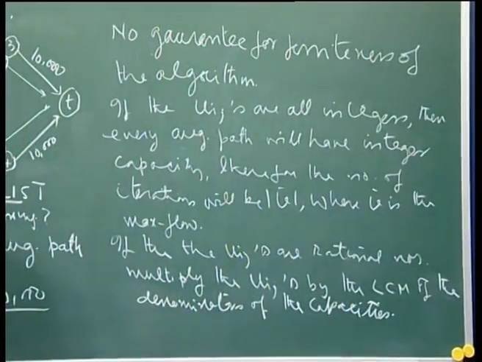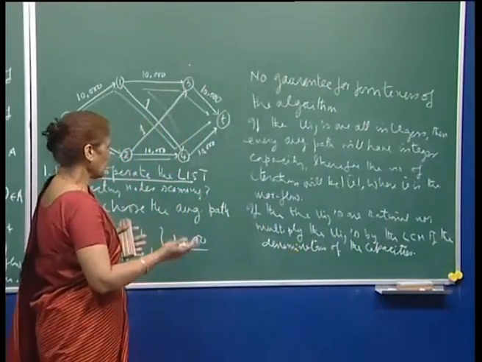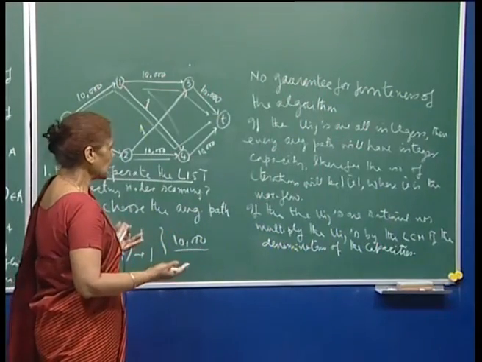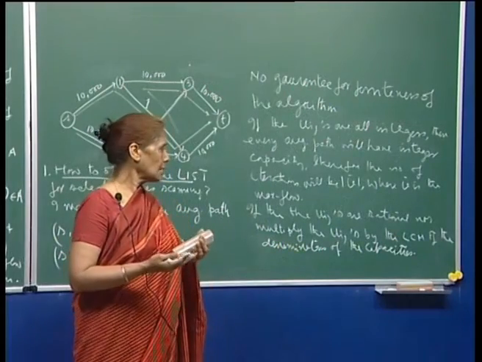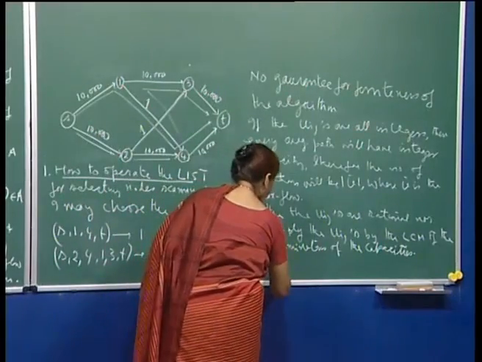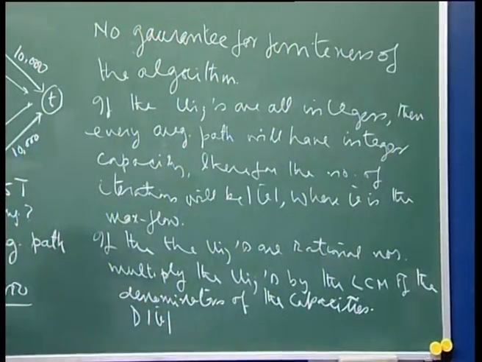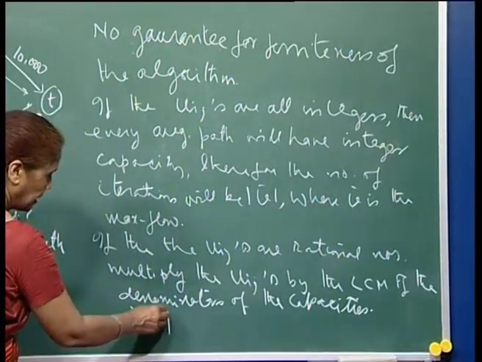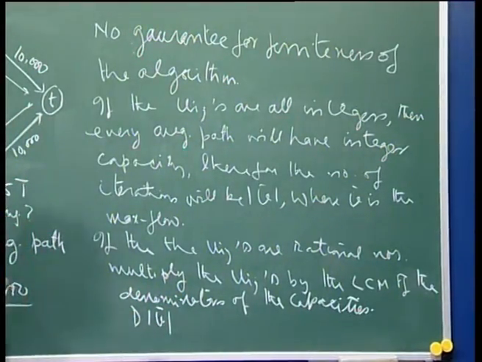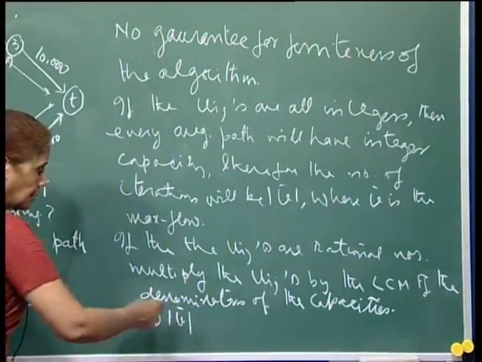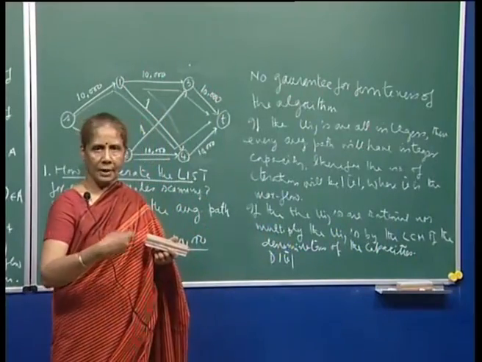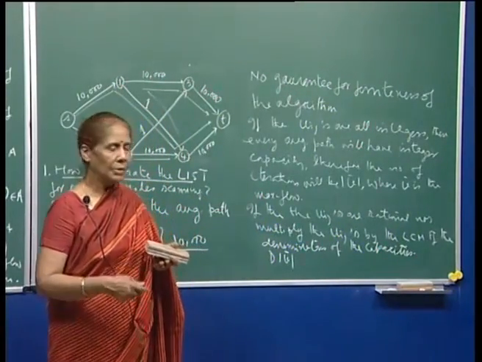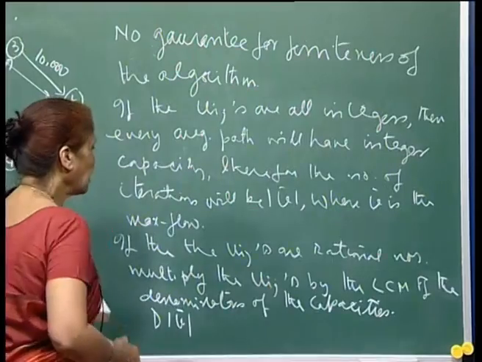Then, if you multiply by the LCM, the new capacities will become integers, and so again the number of iterations will be finite, because you have integer capacities. That means it will be something like d into V bar, where V bar is the flow, and since you have multiplied the capacities by d, this will be the total flow in the current network. So, again the number will be finite, and then to get the original flow, I can scale it by the number d.